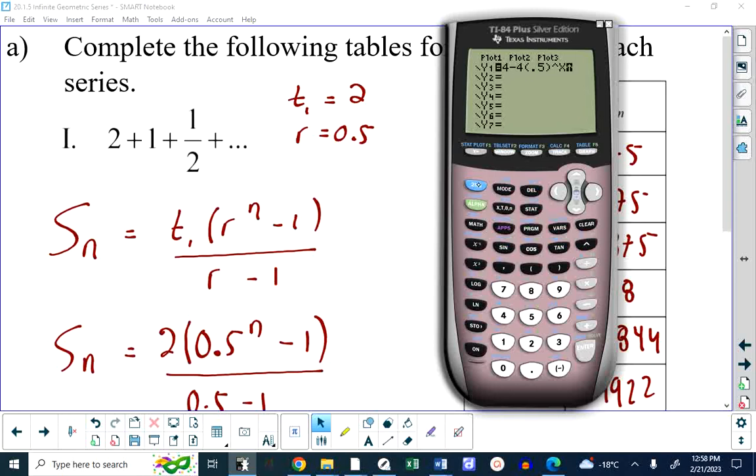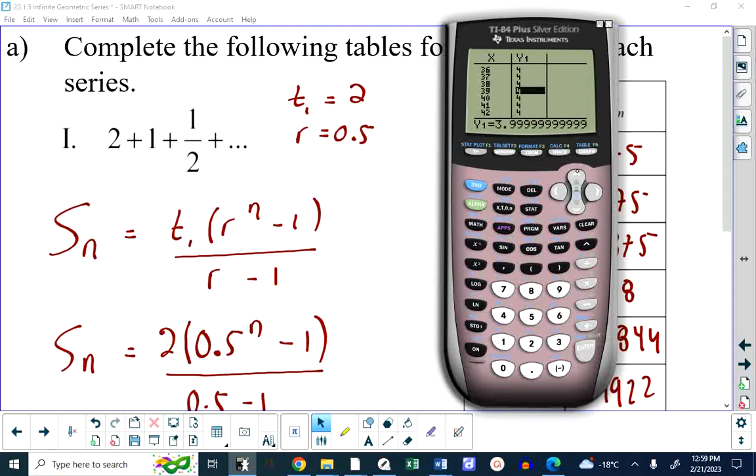I want to go to my table, but I don't want to leave my cursor there. I want to put it over here in the y column. And I'm going to scroll down. I'm going to keep my eye on the number at the bottom of my calculator screen. Now it went to 4 there.